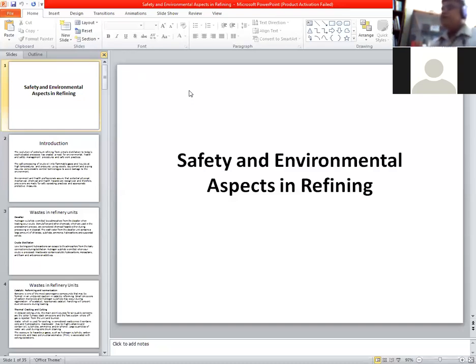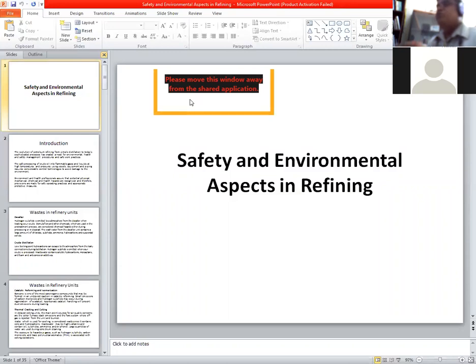Another problem is due to incomplete combustion also. With incomplete combustion, instead of carbon dioxide, it may produce carbon monoxide, which is very harmful. Carbon monoxide is even worse than carbon dioxide. So it is due to incomplete combustion. So this is related to the gases.